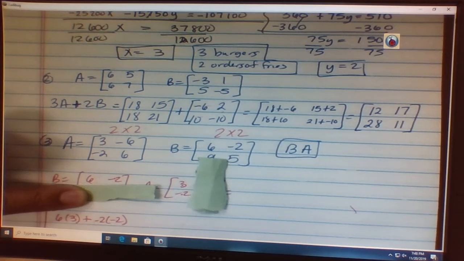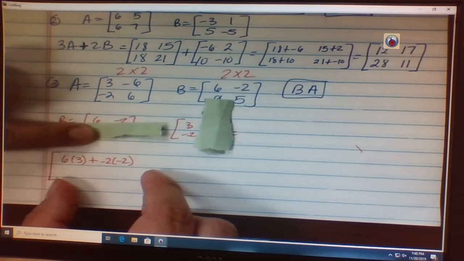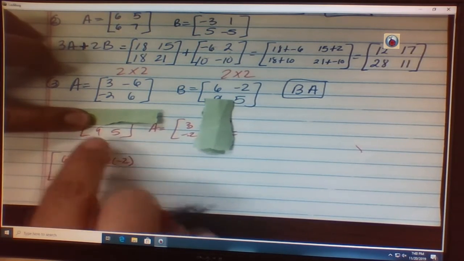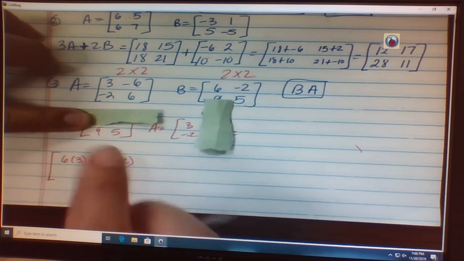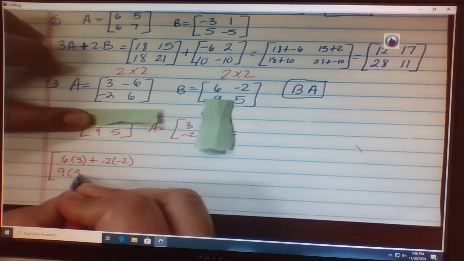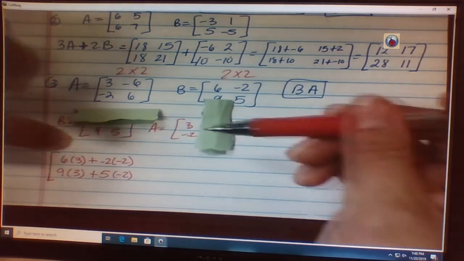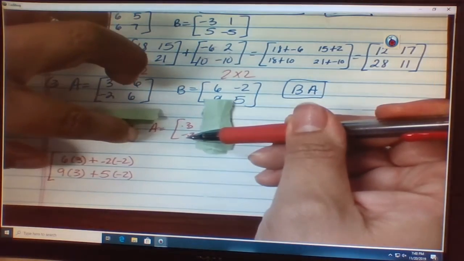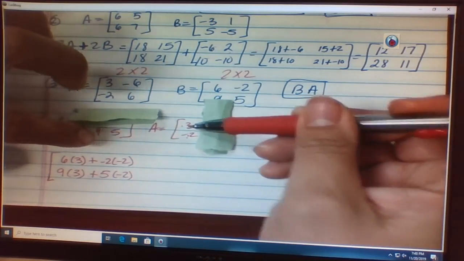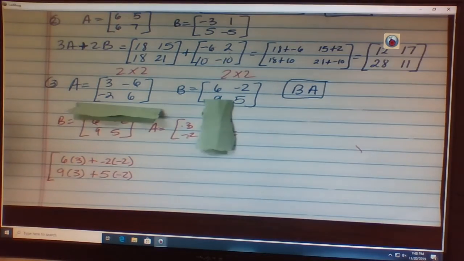When you move to the bottom row, then I have to use the bottom row. This row times this column. 9 times 3 plus 5 times -2. So BAM plus this. BAM means multiplication plus the multiplication of that.